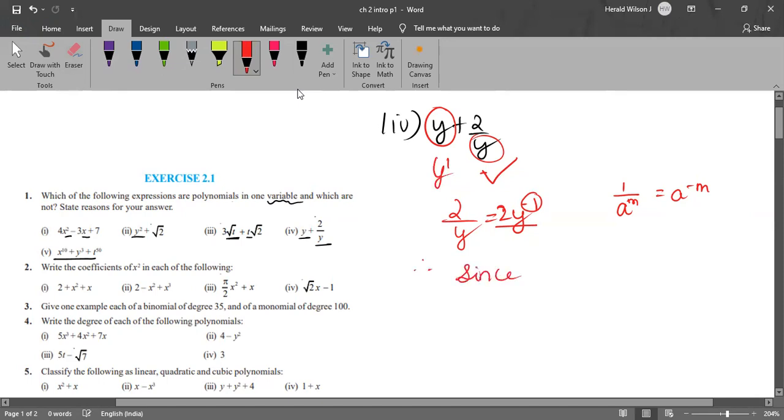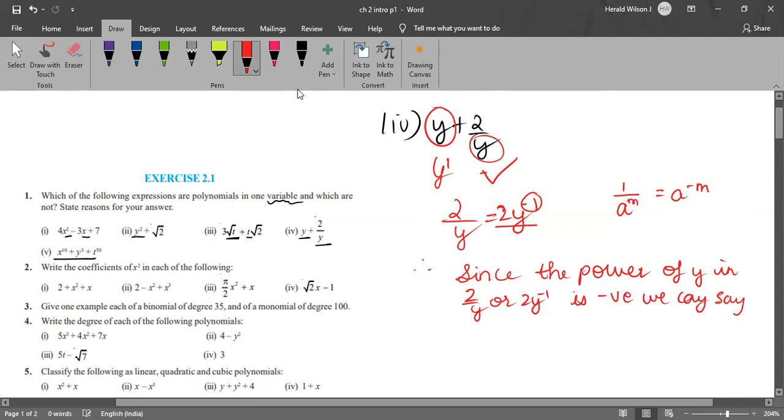Therefore, since the power of y in 2 by y, or 2 into y raised to the power of minus 1, is negative, we can say that it is not a polynomial.